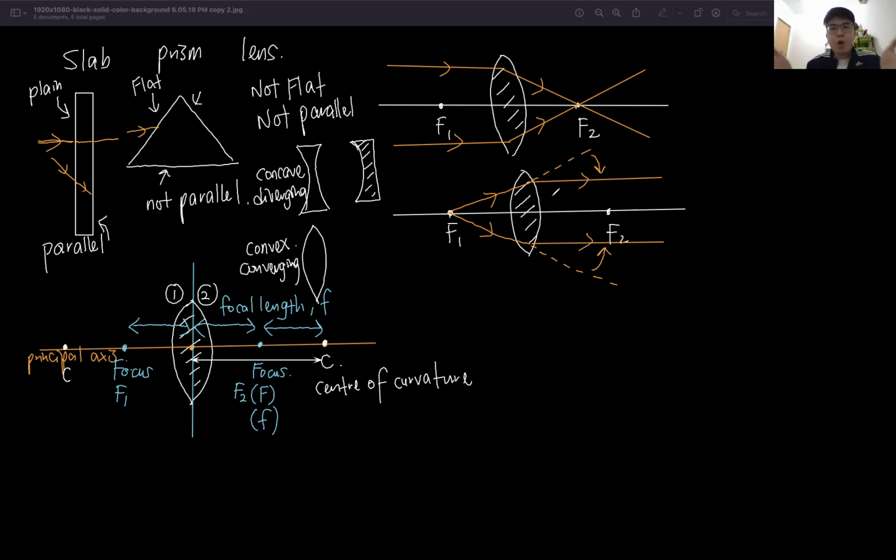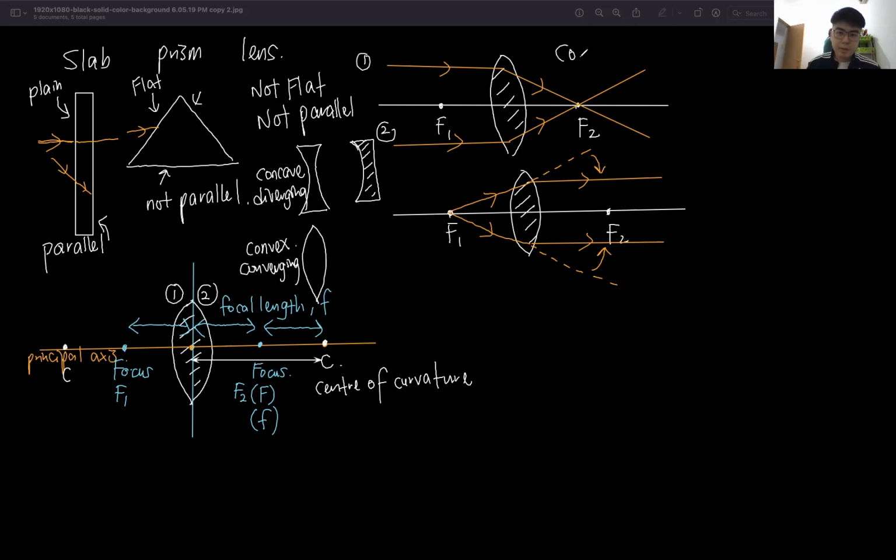Deflected inward means converging. Converging doesn't necessarily mean you have to focus. It just means there's a change in path inward, like that. So remember these two diagrams, number one and number two, for a convex lens. Okay, now we go to concave.